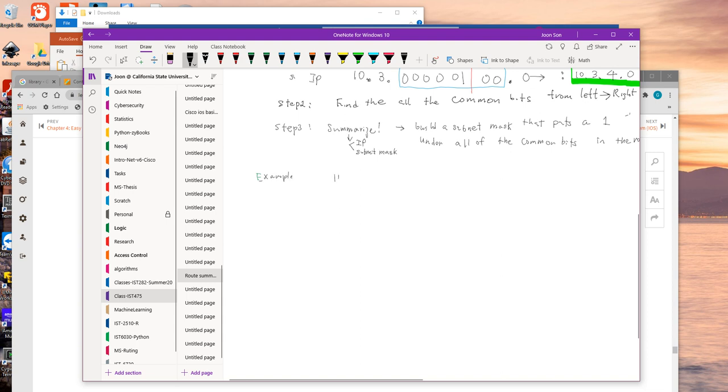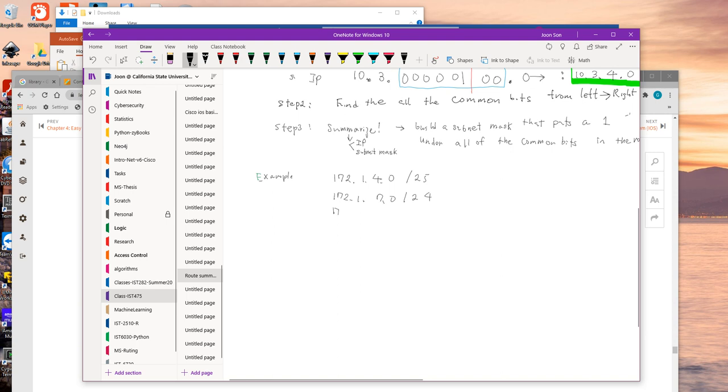Let's say what is given is 172.1.4.0 slash 25, and then 172.1.7.0 slash 25. No, I think this should be 24. Okay, so this is 24.